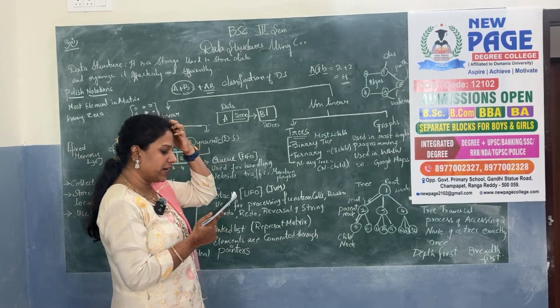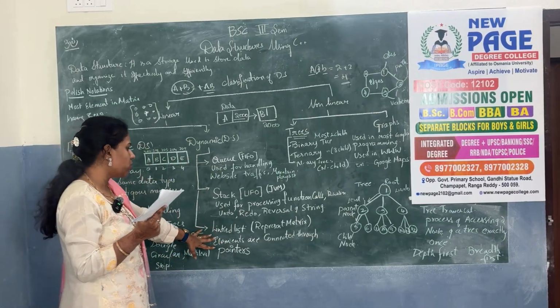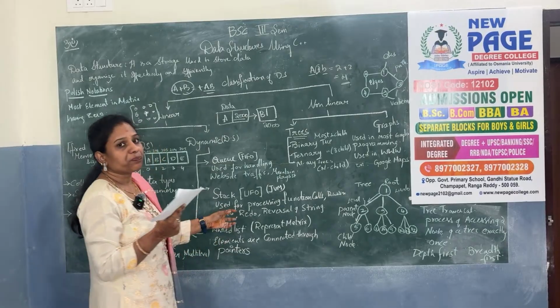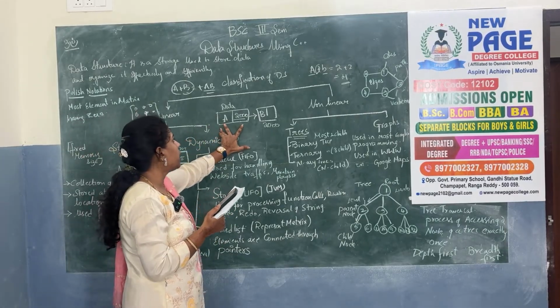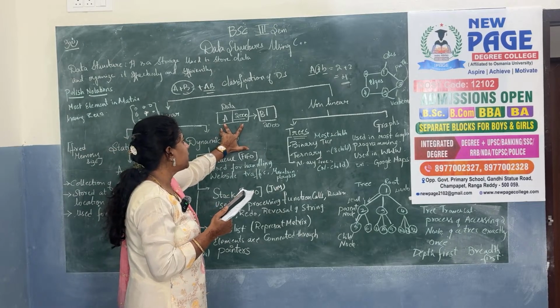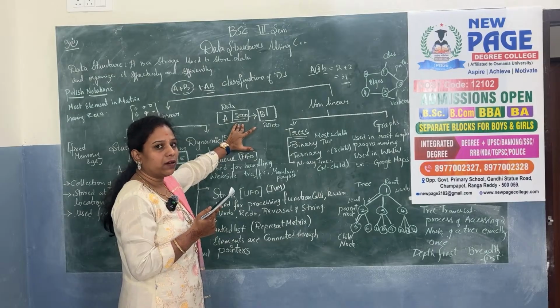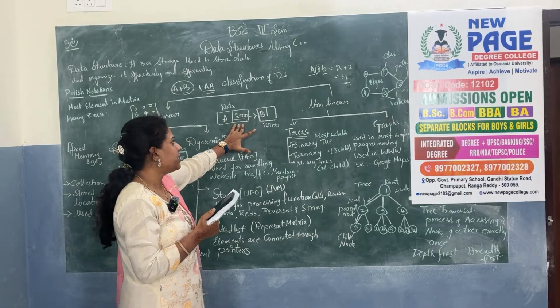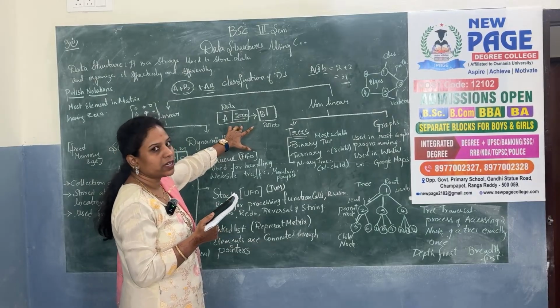Explain the concept of linked list and different types of linked list. Here I have to tell what is the concept of linked list. Suppose here one location having its data and the memory location of the next element. So here data and the memory location of the next element.